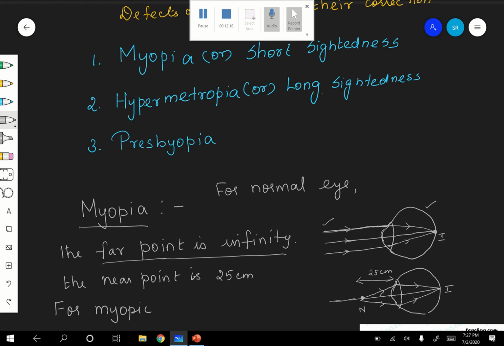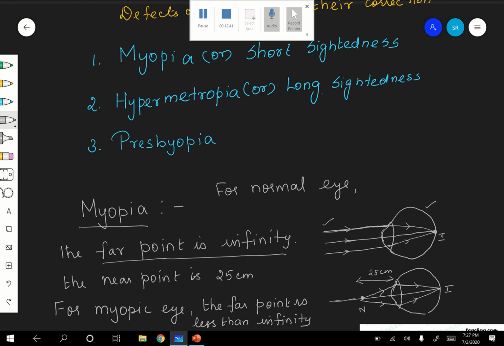For a myopic eye, the far point is less than infinity. Are you following, children? This is very, very important.